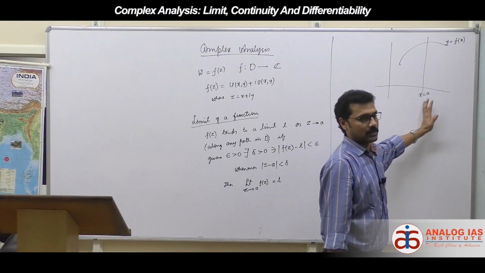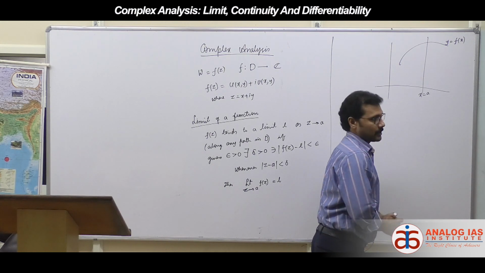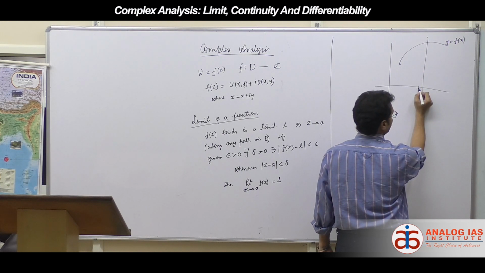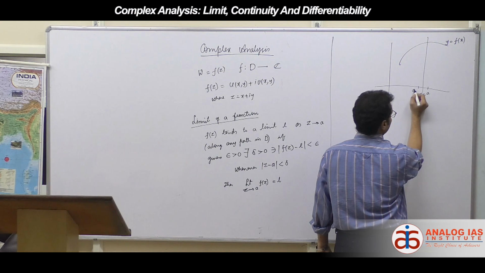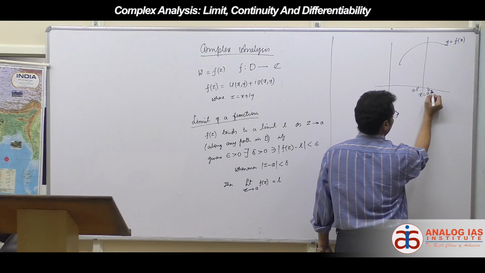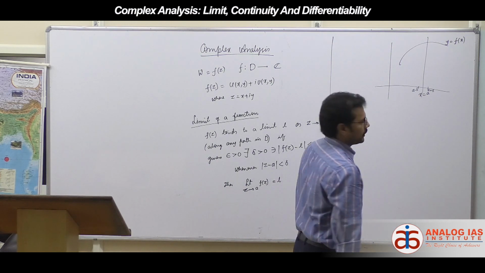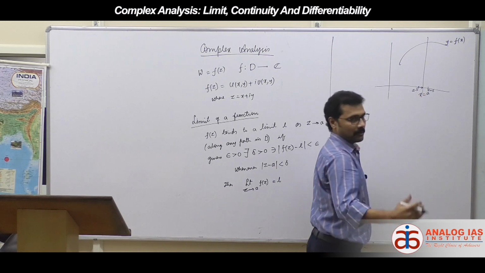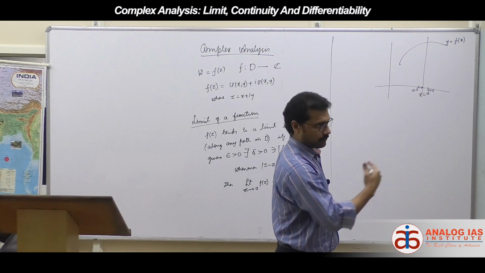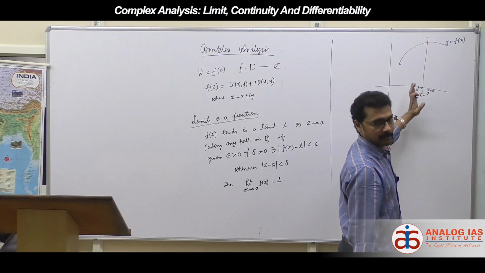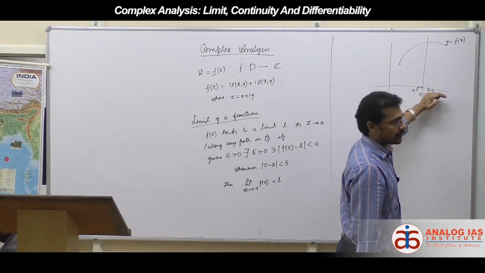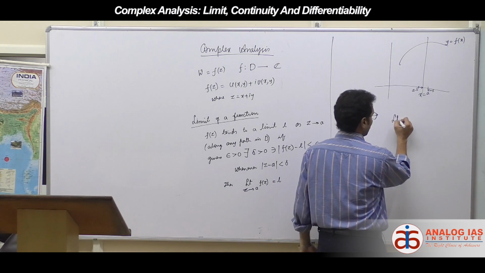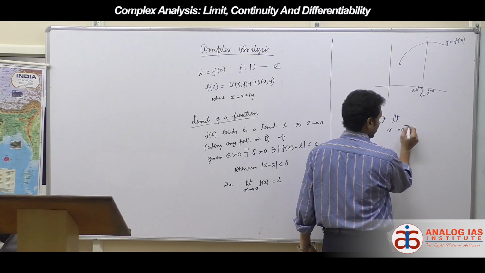What is the left hand limit and what is the right hand limit actually? Left hand limit means if you consider a delta neighborhood of a, suppose from here to here, this we call a minus delta, and this is a plus delta. If I start from this point and try to approach a from the left hand side, as x tends towards a from left, we write it like this.